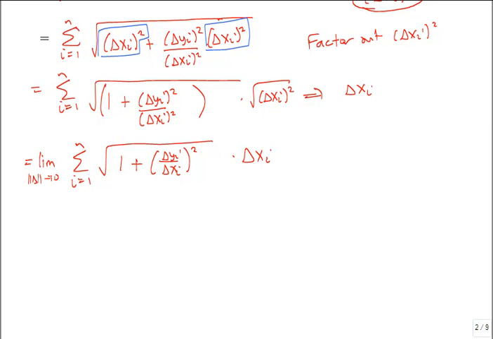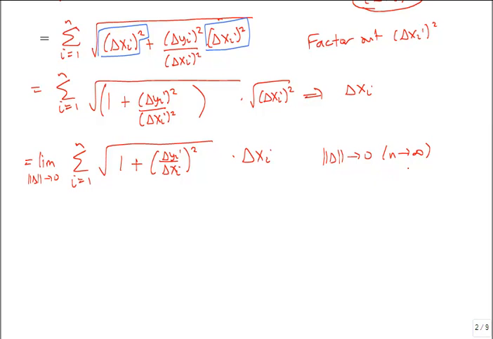If this is a regular partition where each of your subintervals has an equal width, then saying that the norm goes to 0 is the same as letting n go to infinity, so that these subintervals get smaller and smaller, and the number of them goes to infinity. And what happens when we take this limit is it turns into our integral.